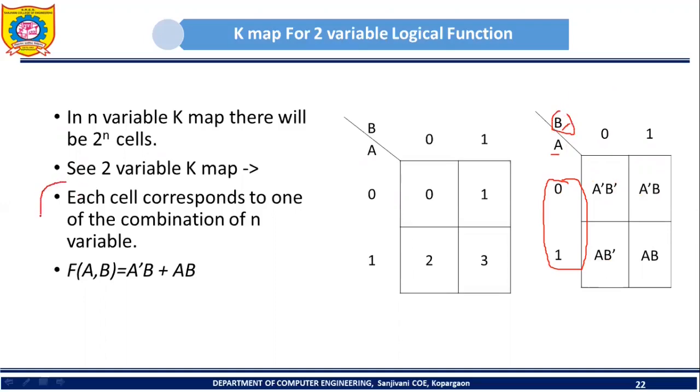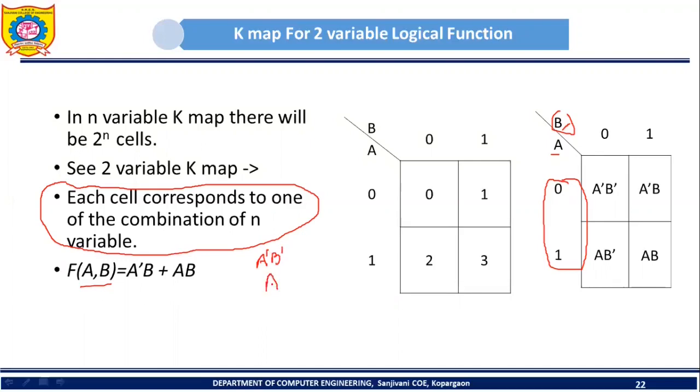Now consider this statement. What this statement says: each cell in the K-map corresponds to one of the combinations of n variables. Here we have 2 variables A and B. By using these 2 variables, how many combinations are possible? 4 combinations are possible. Can you help me write those 4 combinations? The first combination will be A prime, B prime.